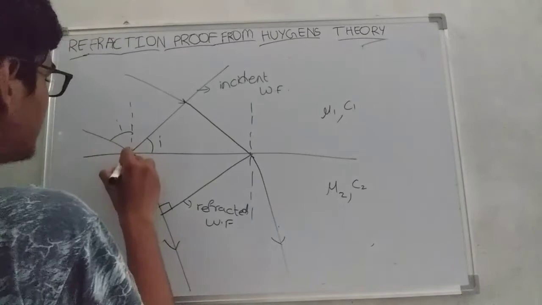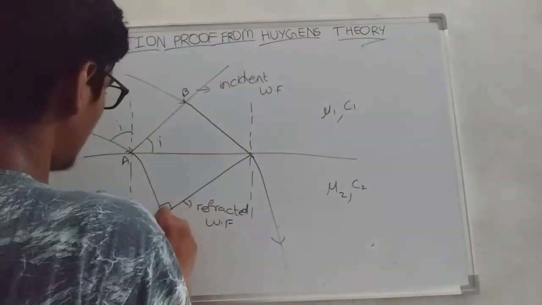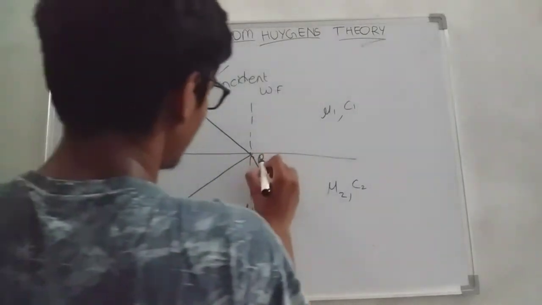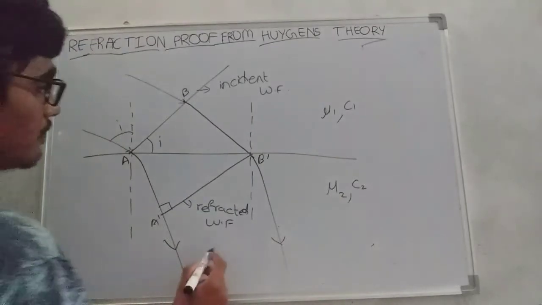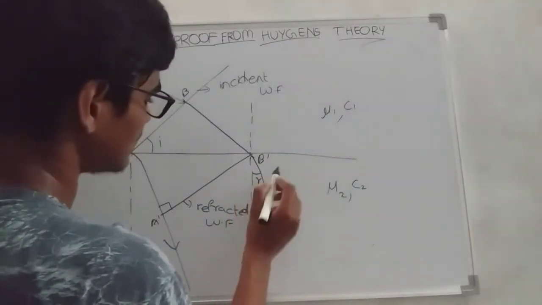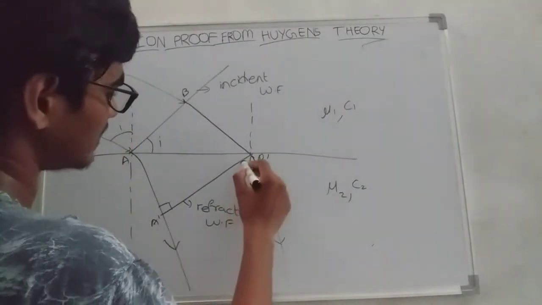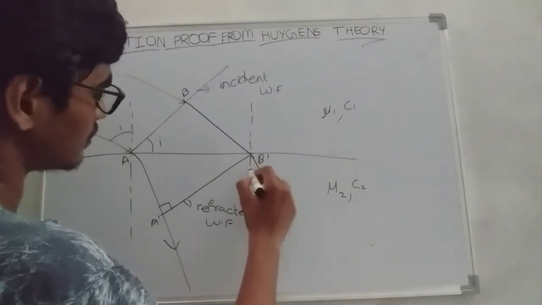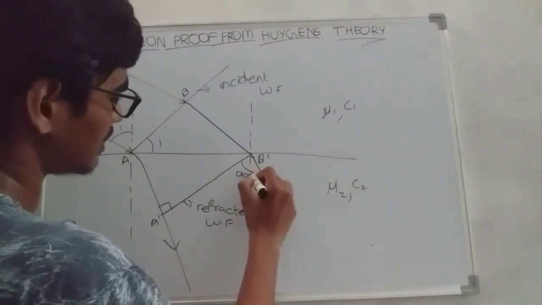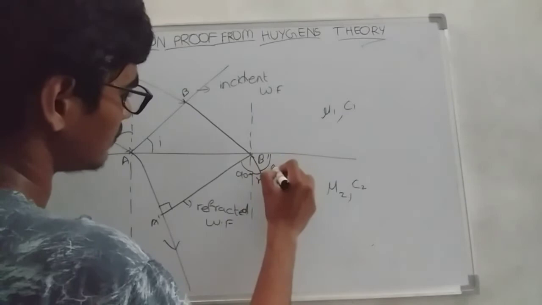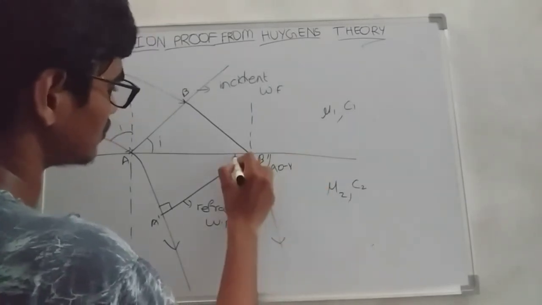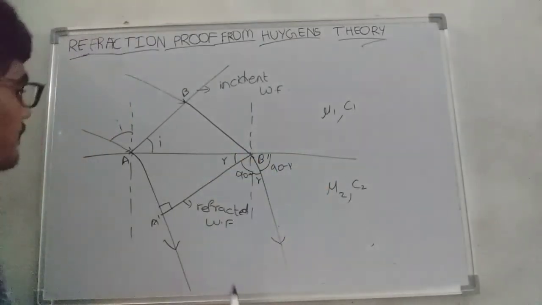Name it as A and B, and it has A dash and B dash. We know that this angle is R and it is perpendicular to the wavefront. So this angle becomes 90 minus R, and this angle becomes 90 minus R. So this angle becomes R finally.